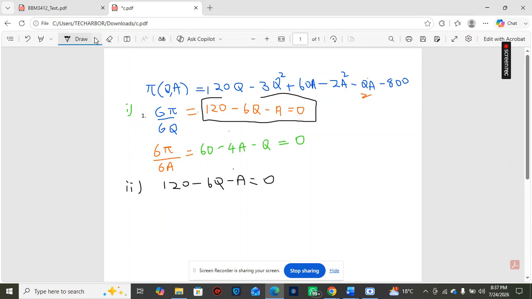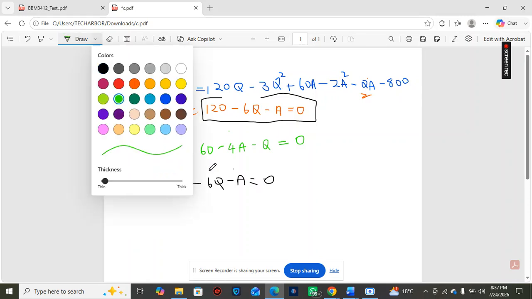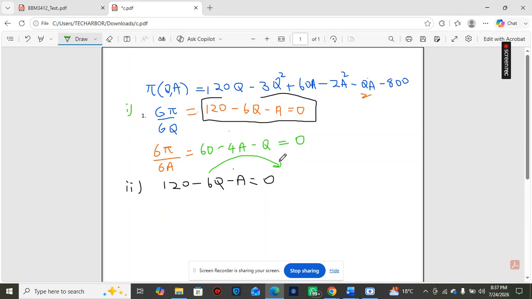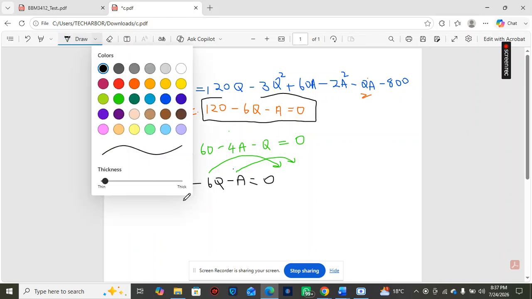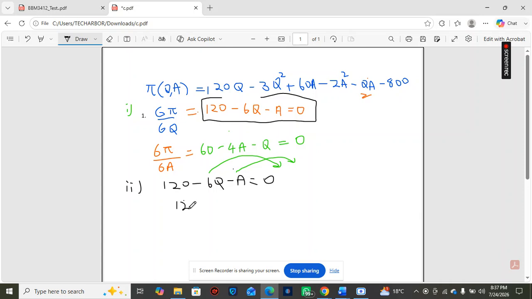So colleagues, here what we can do, this negative 6Q, we can take it over this side. This negative A, we can take it over that side. So that our equation now becomes 120 equals 6Q plus A. And this is equation 1. Any questions?